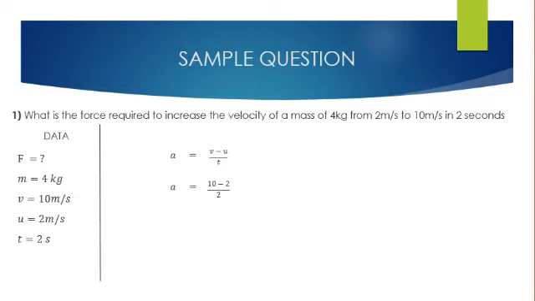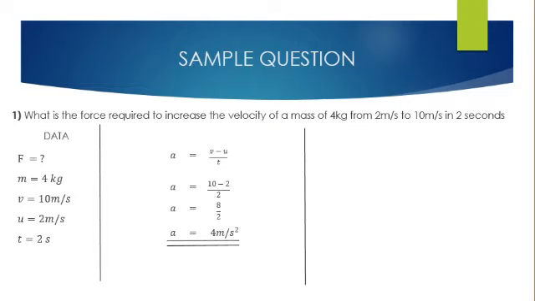Yes, so we'll use that. a is equal to v minus u over t, and replace the values of v, u, and t. So a will be equal to 10 minus 2 divided by 2. 10 minus 2 gives us 8. So a will be equal to 8 divided by 2. And our acceleration will be 4 meter per second squared.